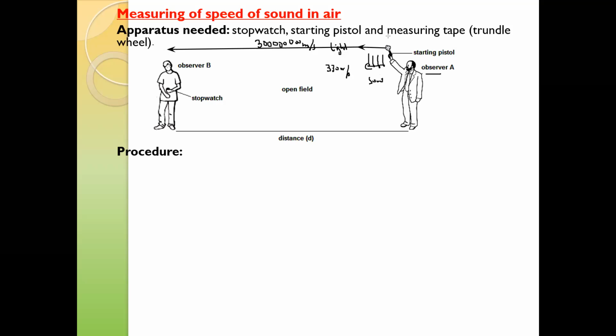If you are observing a firecracker explode or any firework in the sky, first you will see the light and then you will hear the bang. Why are you able to see the light first? Because light is super fast, it can travel 300 million meters in 1 second, whereas sound only travels 330 meters per second.